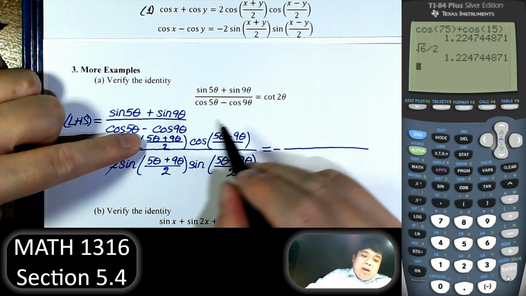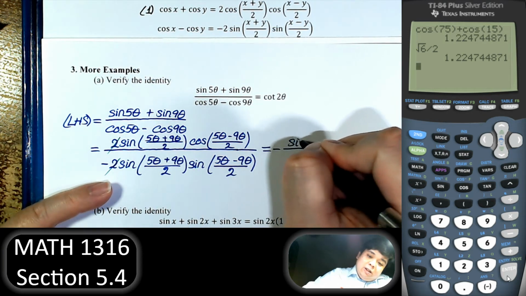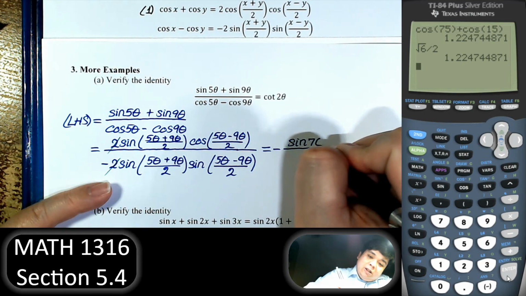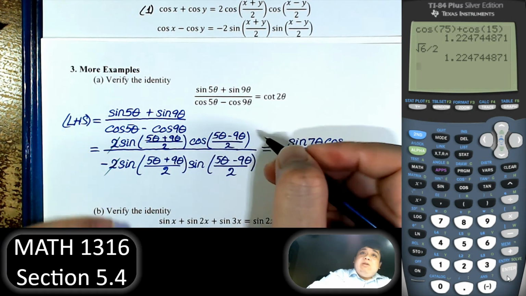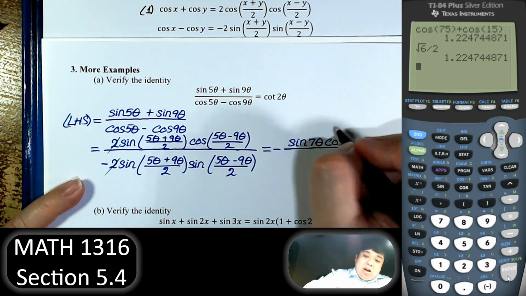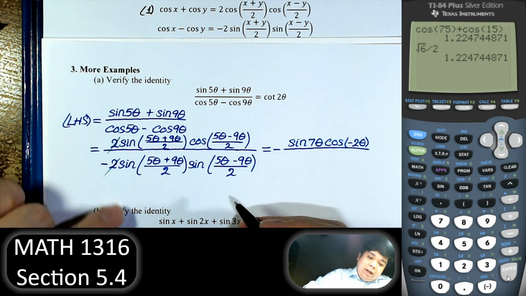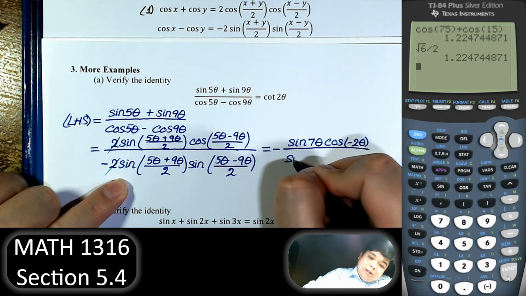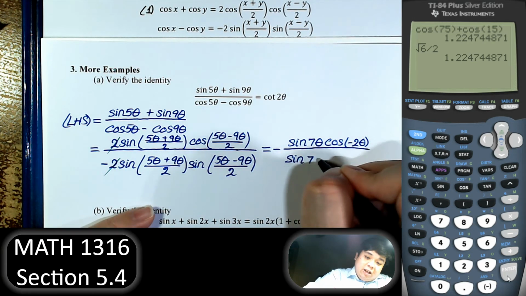Right, on the top, 5 plus 9 is 14 divided by 2, so it's 7. Sine of 7 theta. And then cosine of 5 minus 9 is minus 4 divided by 2, so minus 2 theta. At the bottom, sine of 5 plus 9 is 14 divided by 2, so that's 7 theta.